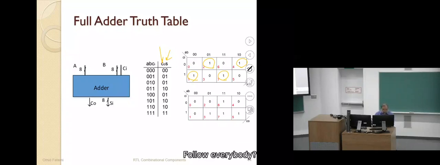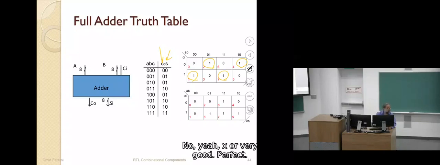Yes? Follow? Everybody? Agree? So how could you build a circuit for odd parity? Right? Last lecture we had it. How did we implement parity generator? What was the element? It's a very useful element for parity.